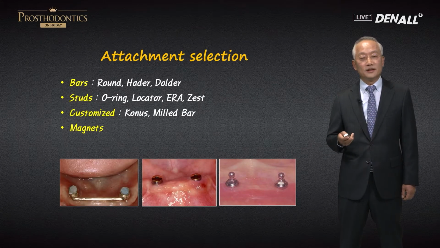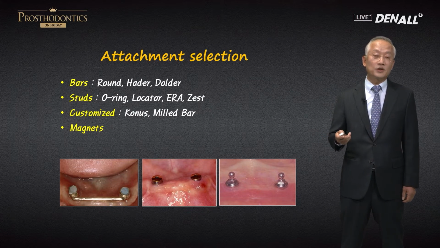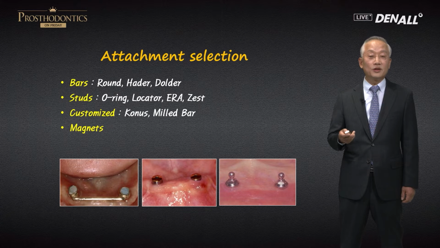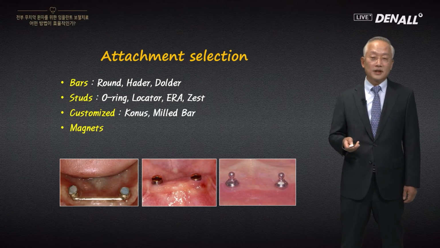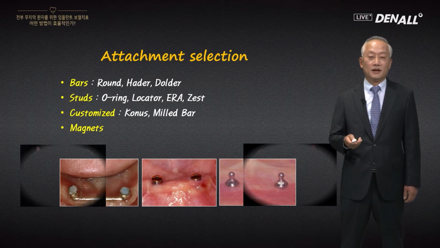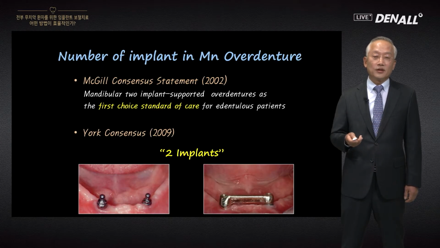The most frequently used attachment is bar or stud attachment. And there are others like telescopic crown or milled bar or magnetic. But in general, people choose bar or stud attachment, either of the two. This kind of denture is created.